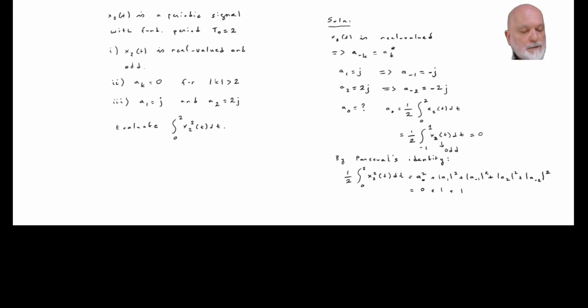Similarly, a minus 1 squared is 1. a2 is equal to 2j, so its magnitude squared is 4. And similarly, a minus 2 magnitude squared is also equal to 4. So this makes 8, 10. Okay, therefore, the integral from 0 to 2 of x2 squared integrated with respect to t is equal to 20.